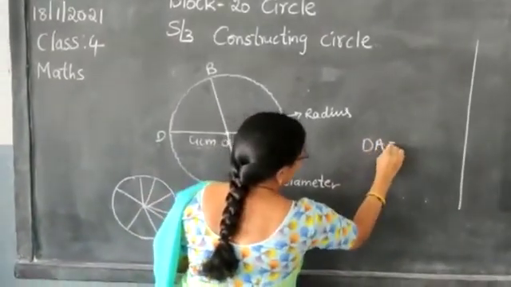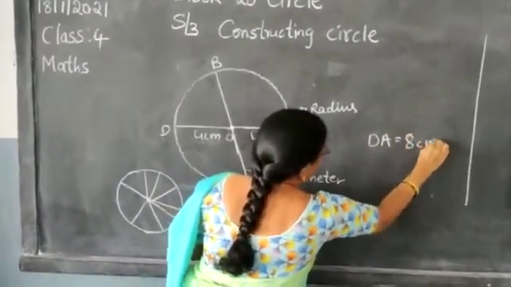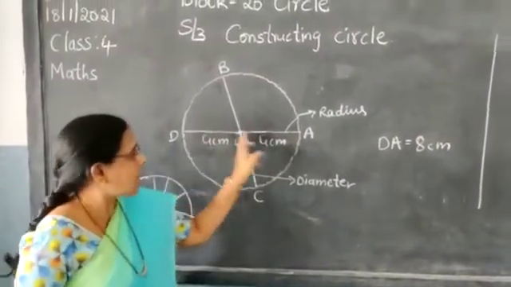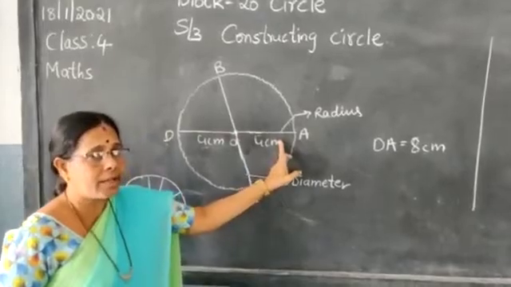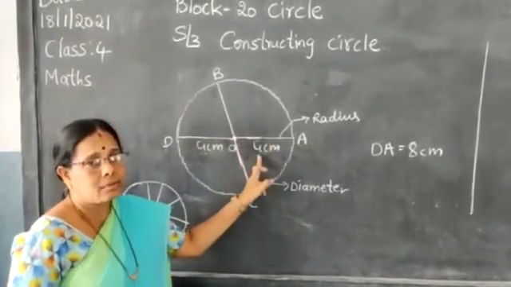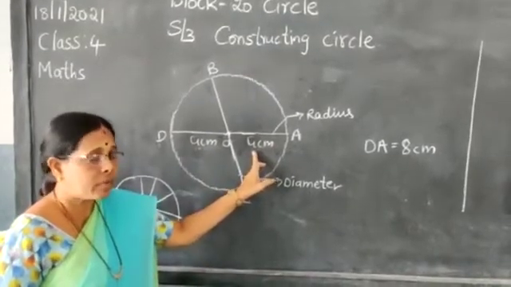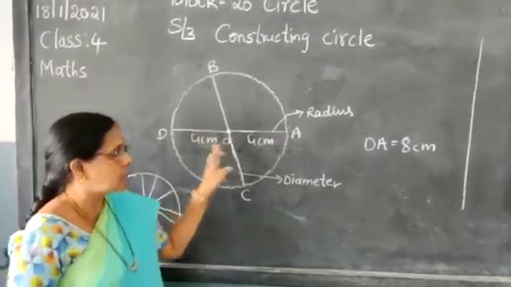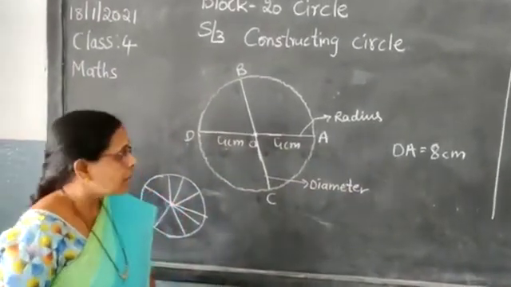Why is it 8 centimeter? This is the diameter. The diameter is twice the radius. Understood, children? Twice the radius means the diameter is 2 times the radius. 4 centimeter plus 4 centimeter means 8 centimeter.